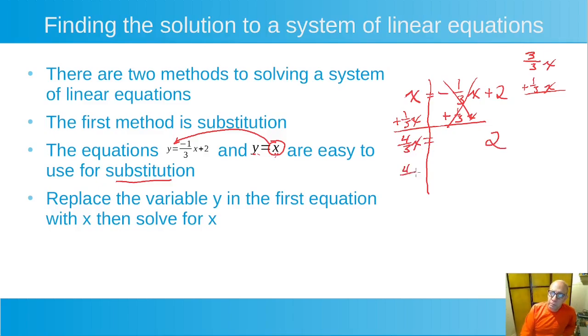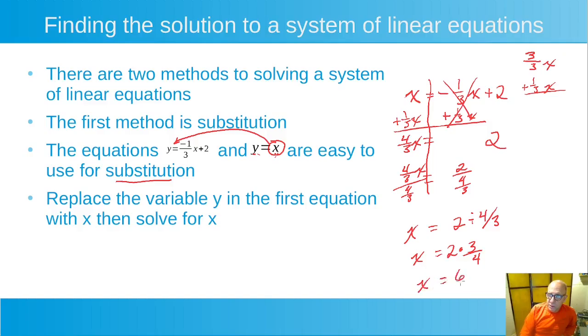Well, if I divide by 4/3 on both sides of the equal sign, 4/3 divided by 4/3 is 1, and 2 divided by 4/3 is the same as 2 times 3/4, and 2 times 3 is 6/4.